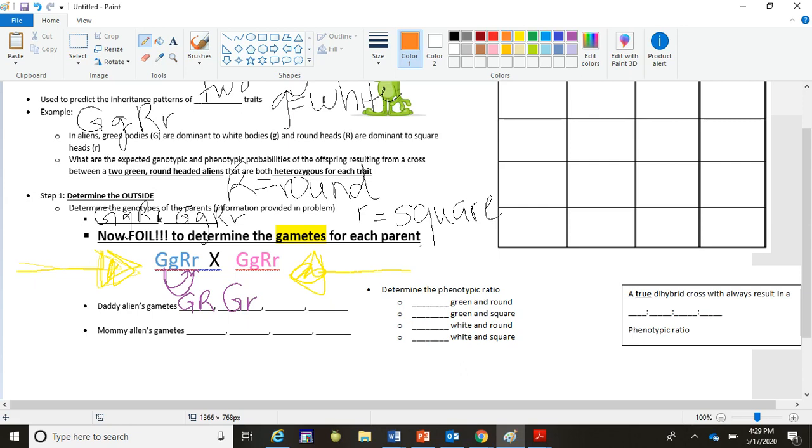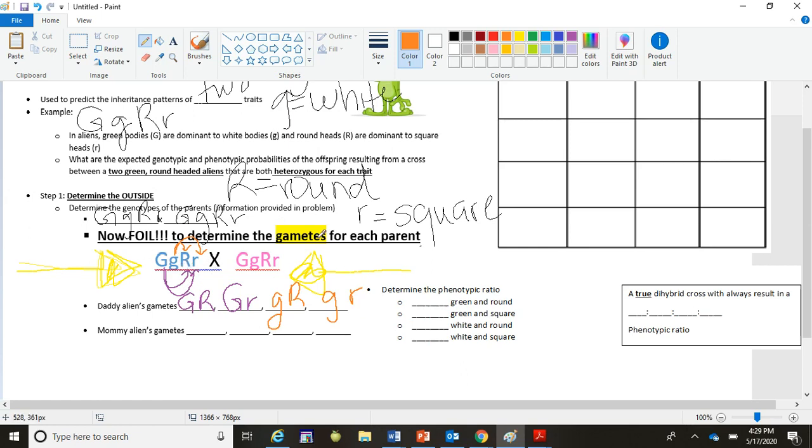Then the inner, lowercase g and capital R. And last is lowercase g and lowercase r. So we have the first, outer, inner, last: every possible combination of G and R.